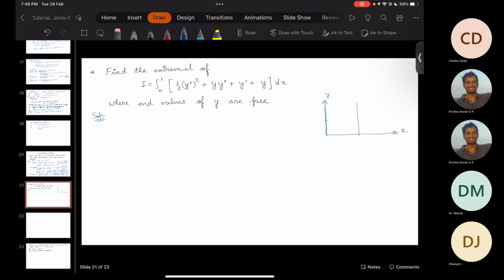So we can have any curve whose endpoints lie on these two lines, isn't it? Let me call this (0, y0), and this is (1, y1). So the end values of y are both unknowns.